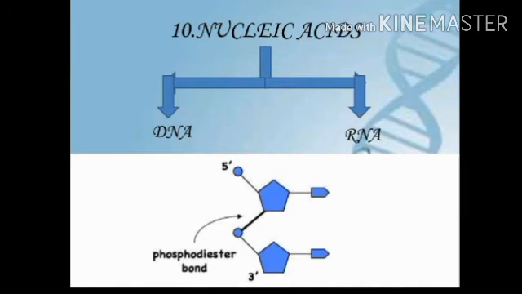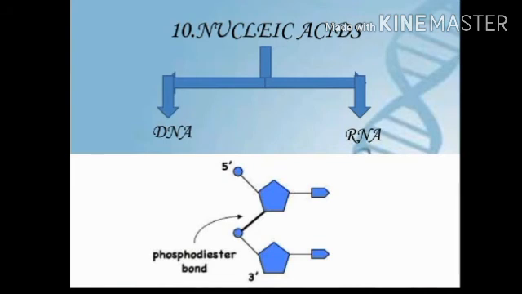RNA, ribonucleic acid, is present in some bacteria and viruses. Both nucleic acids are made up of three components: a 5-carbon sugar, a nitrogen base, and phosphoric acid. These three components join to form a nucleotide.